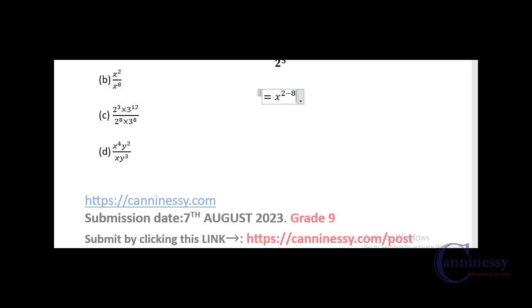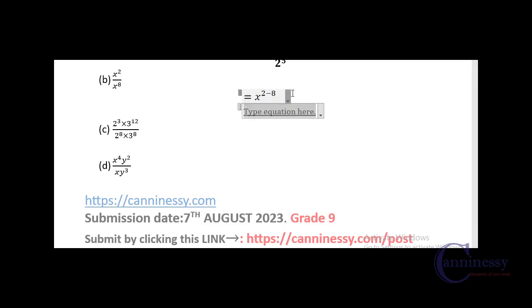So the final answer will be x to the exponent negative 6.